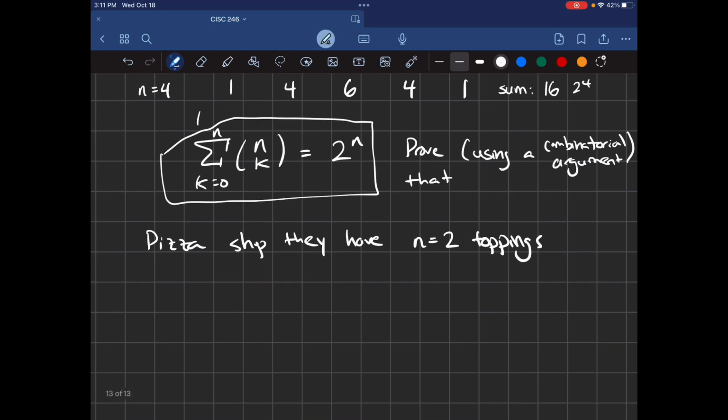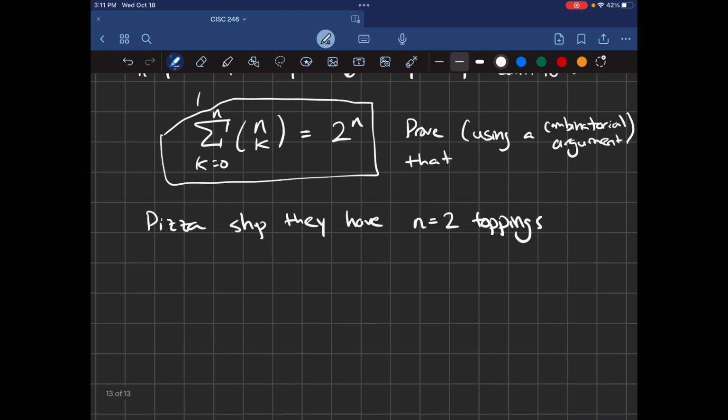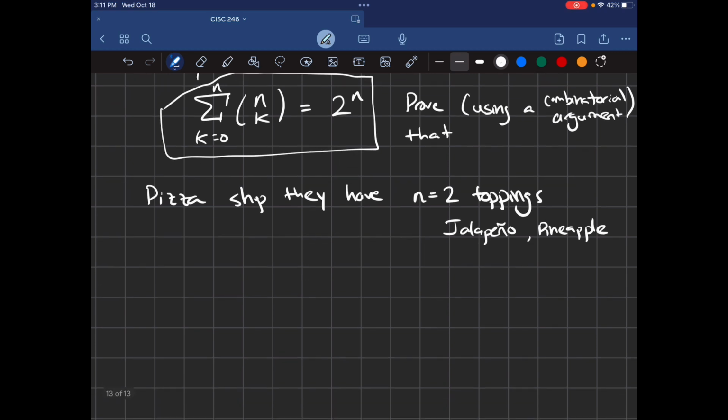And how can you go about deciding which toppings you want on your pizza? So you could have, let's say, jalapeno and pineapple, just to create some conflict amongst my viewers. I think they both go well on pizza. I think they actually go well together, but that's a different story. And so we have n equals 2 toppings, and you may think of it like a decision for each topping.